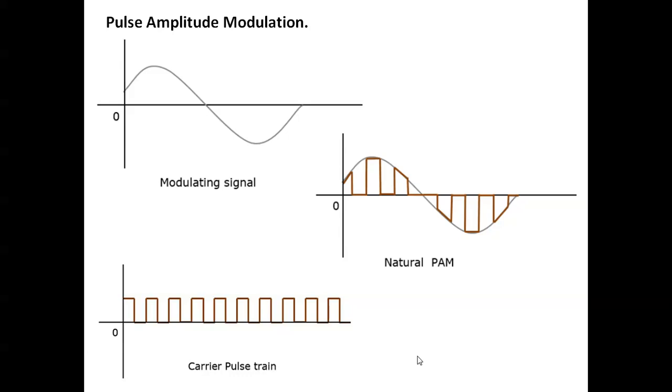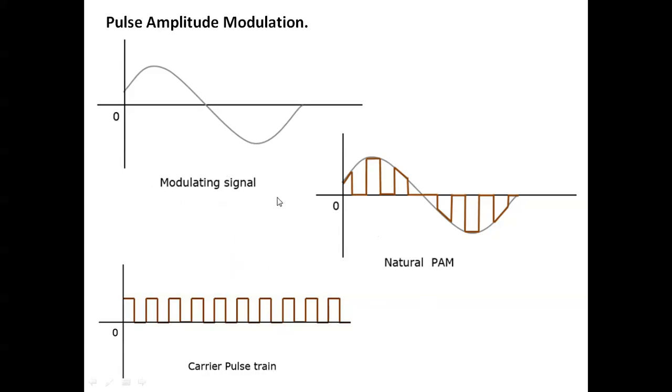So see, here is the pulse amplitude modulation. There is an input, the modulating signal, and then the carrier signal, the carrier pulse train. The amplitude of this carrier pulse varies according to the instantaneous amplitude of the message signal. So how it will vary, you see.